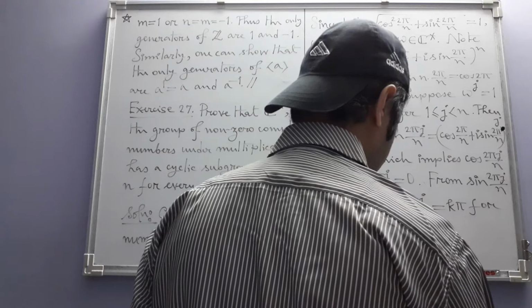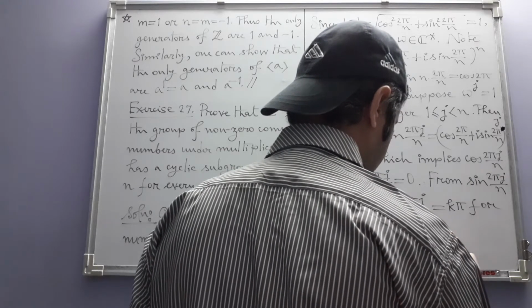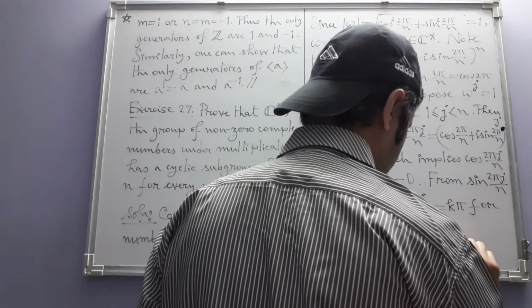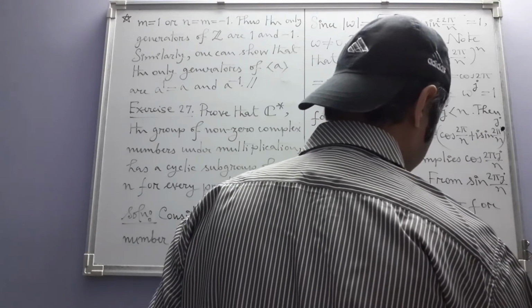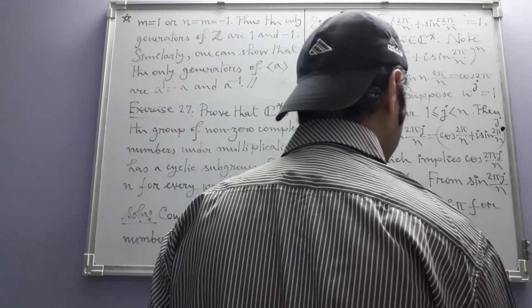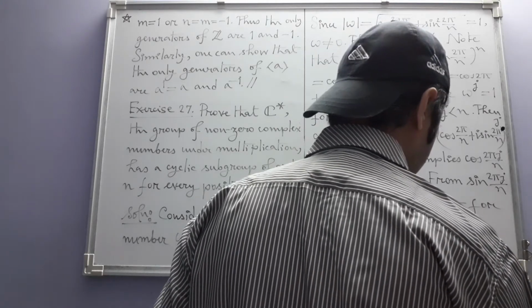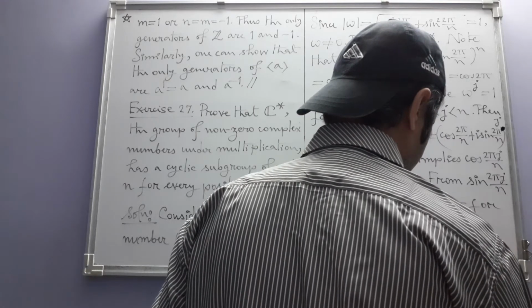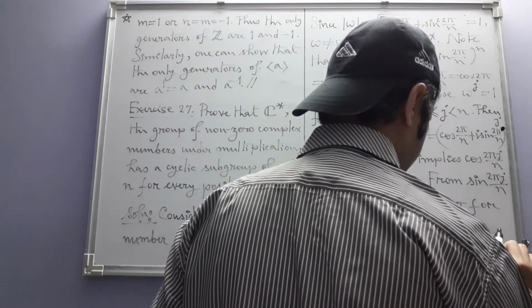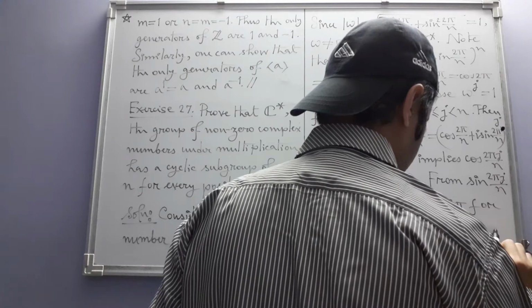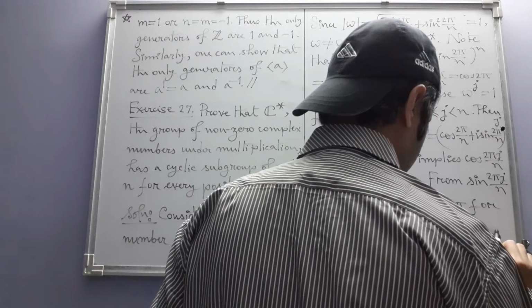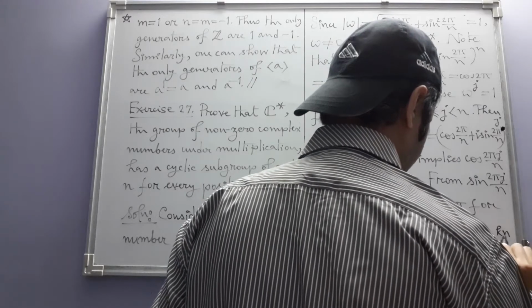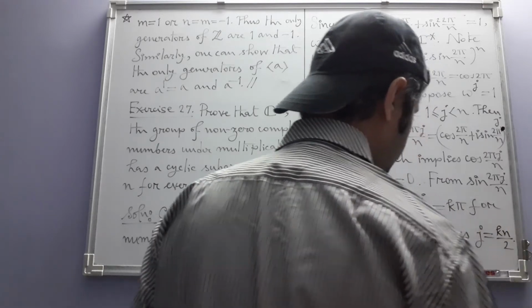This implies pi of course will get cancelled. So what now happens to j? j is equal to kn divided by 2.